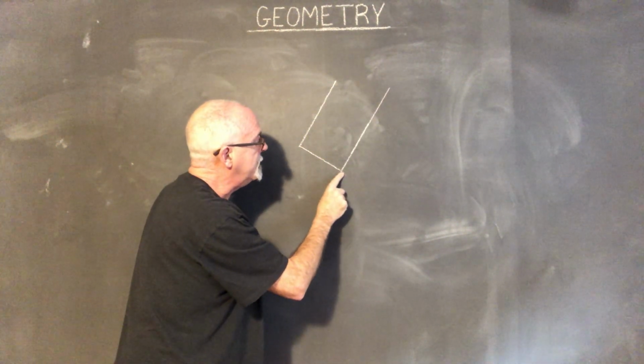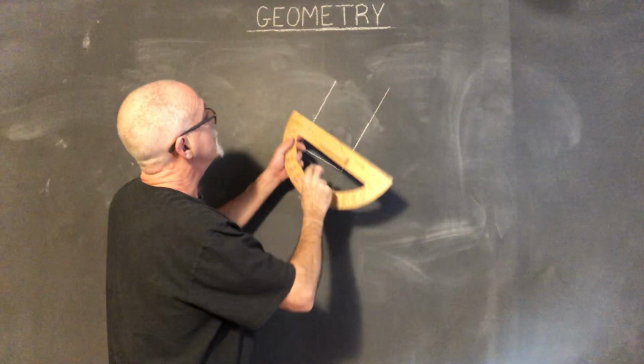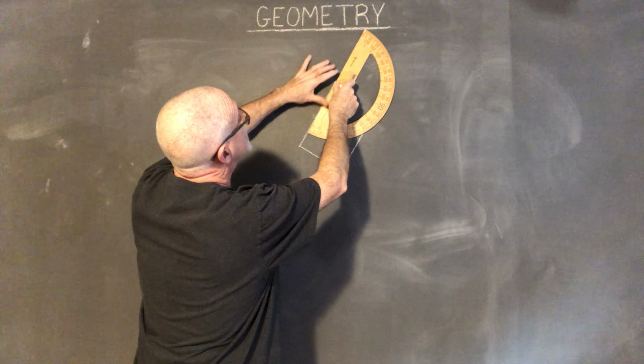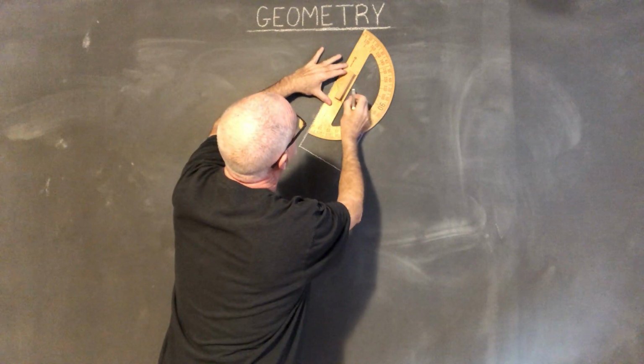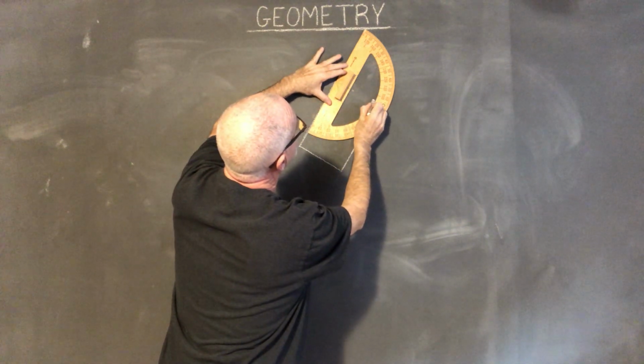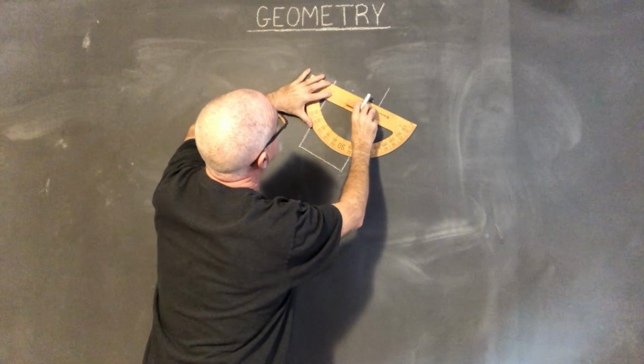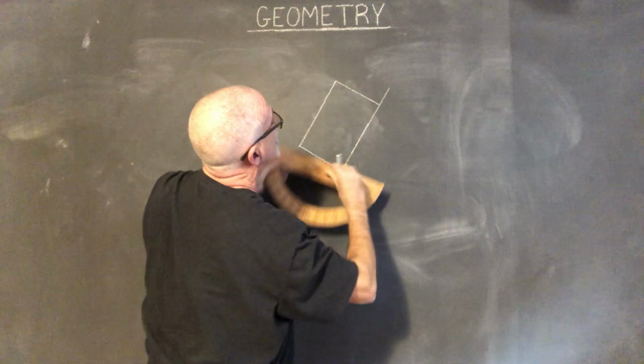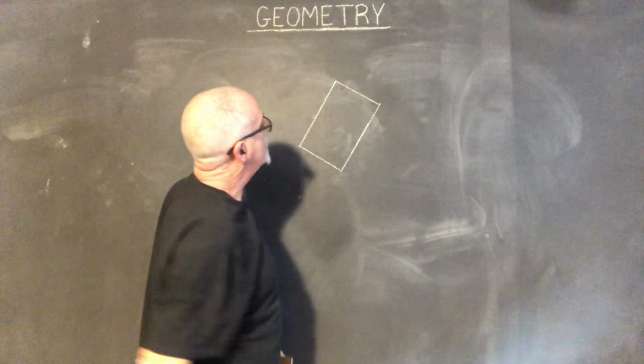I can even go and erase it now. I want to do the same thing over here. I'm going to set up my zero dot and my baseline, make a mark at 90 degrees, and then use a straight edge. And then I can erase a little bit of extra line that I don't need anymore.